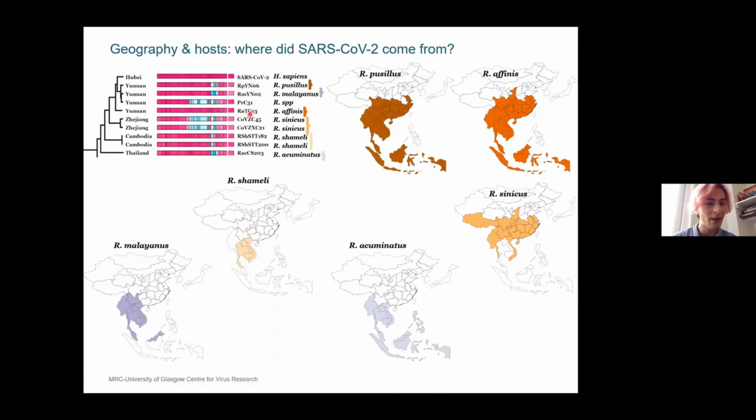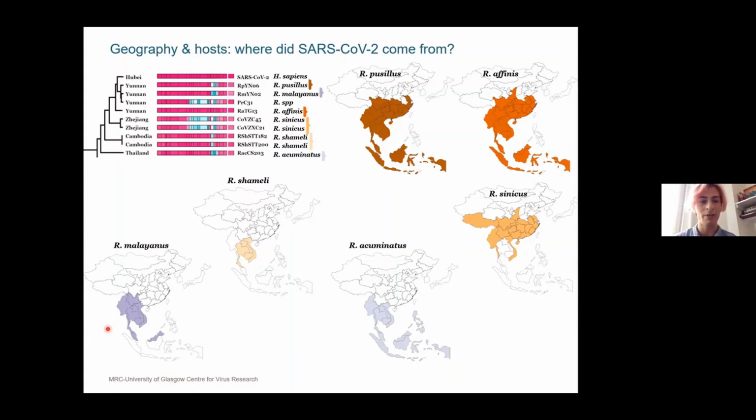And then RM102 has been sampled in Rhinolophus malayanus, which is only found in Yunnan out of the entire country of China. So there's this clear picture here that the overlapping host ranges of these horseshoe bats are actually allowing the movement of these kind of related coronaviruses.